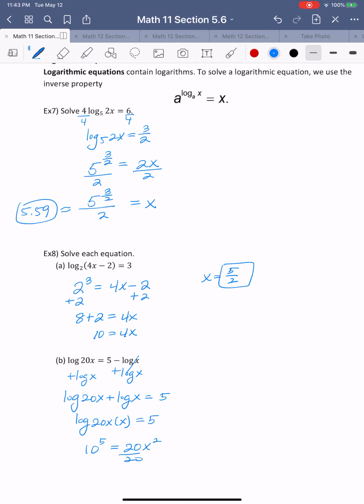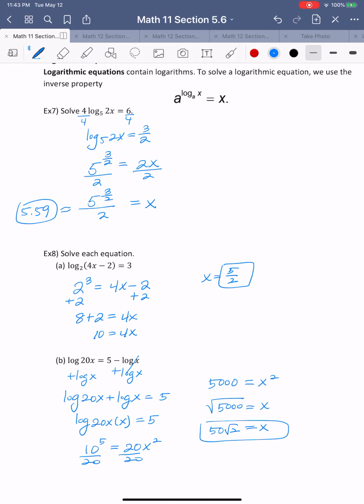Then divide by 20, which gives 5,000 equals x squared, and x is the square root of 5,000, which simplifies to 50 root 2.